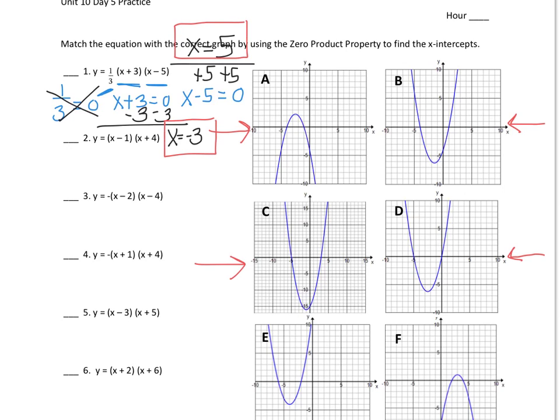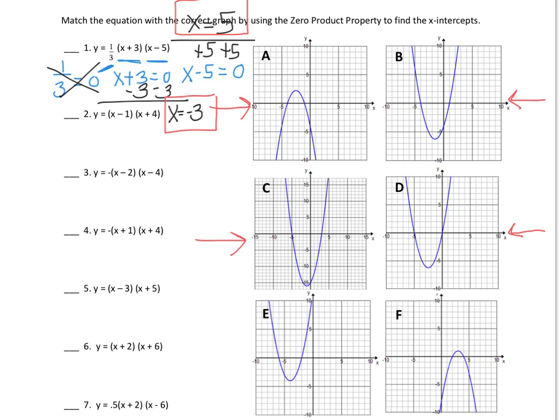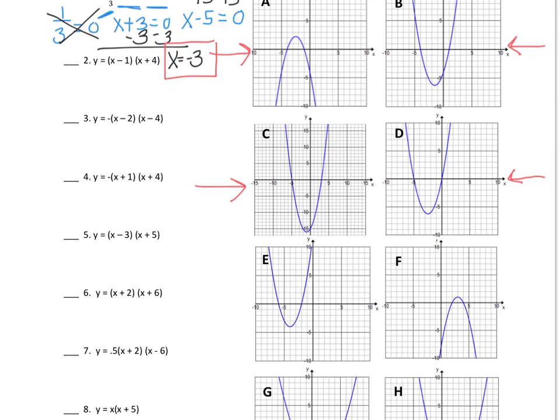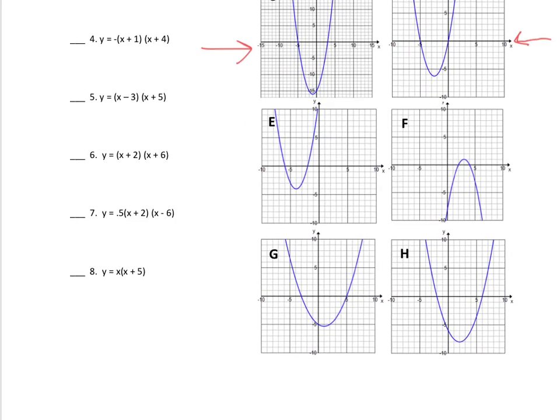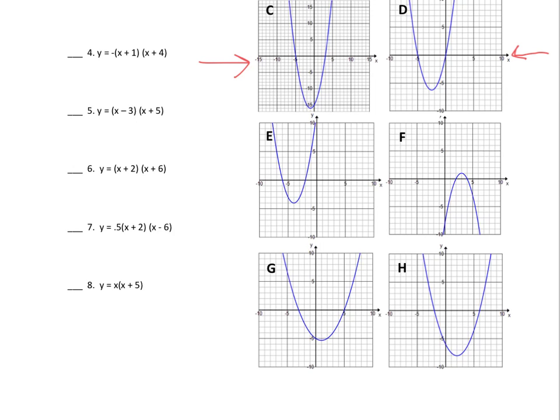So your goal now is to look at the graphs and find the graph that has your intercepts of +5 and -3. Well, if you look carefully, it would be graph G. +5, -3. That is my answer for problem number 1.